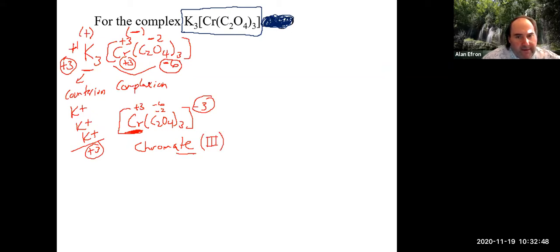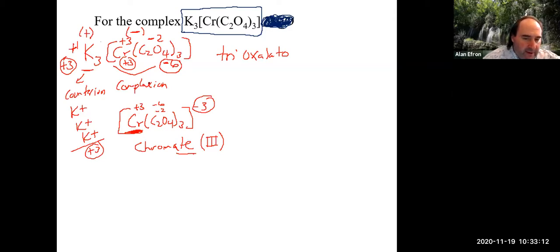If we look at our ligand here, our ligand is oxalate, and the ligand name is oxalato. There are 3 of them, which gives you trioxalato. At this point, we have everything that we need. We could put it all together here.